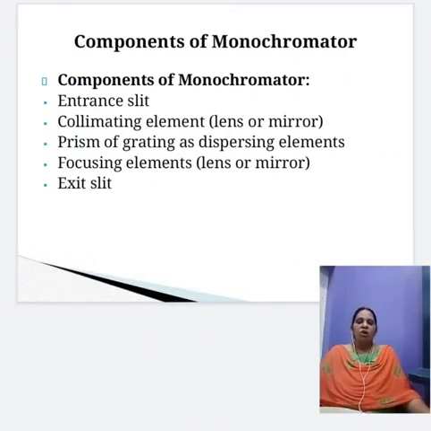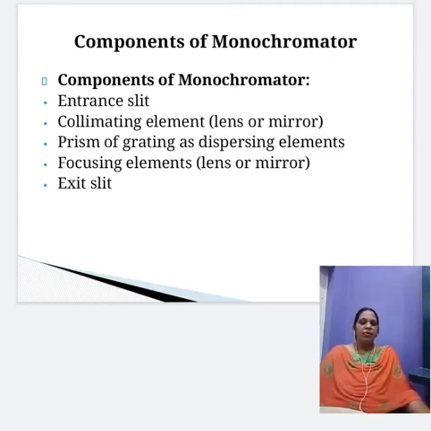What are the components of a monochromator? A monochromator has five parts: the entrance slit, the collimating element, a prism or grating as the dispersing element, the focusing element, and the exit slit.